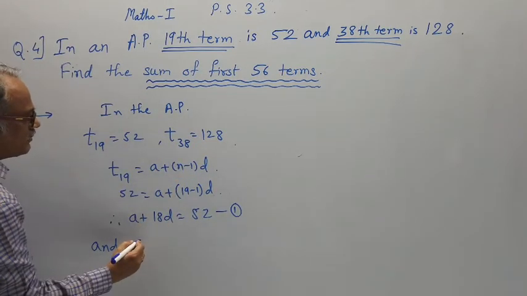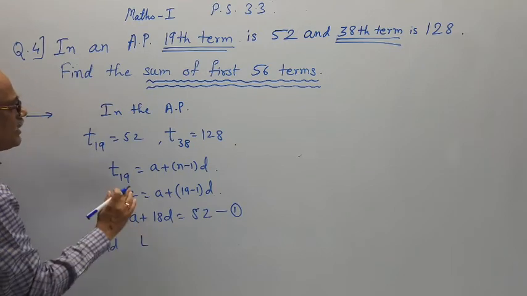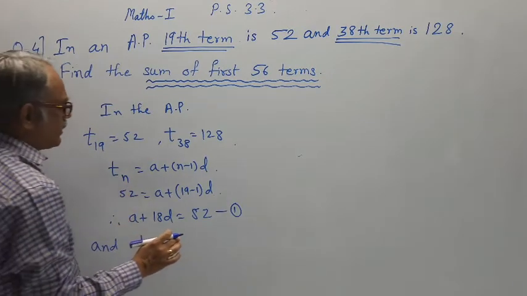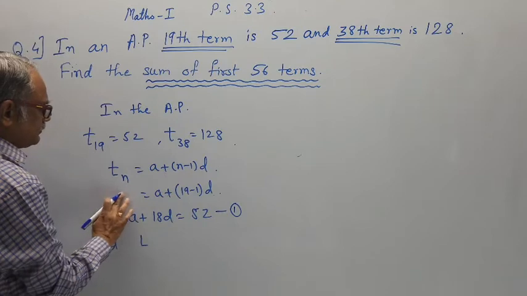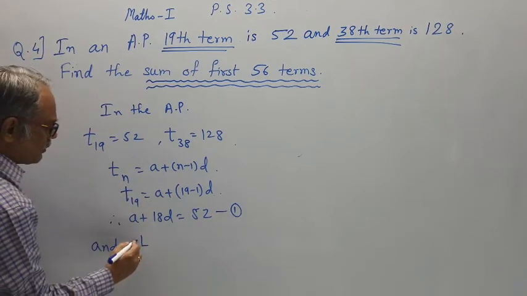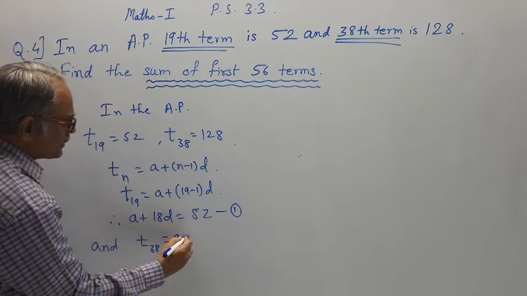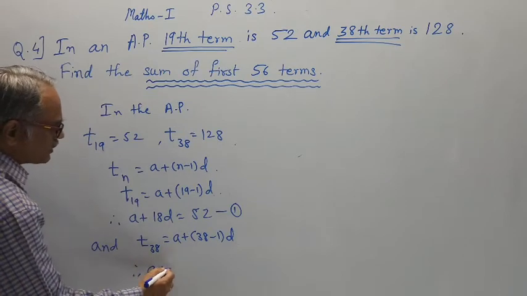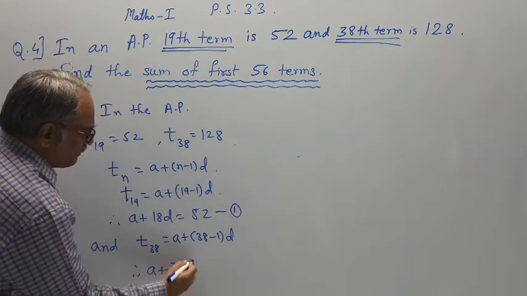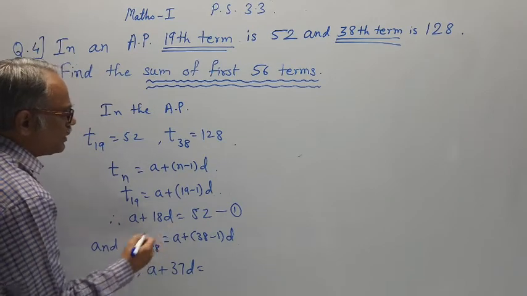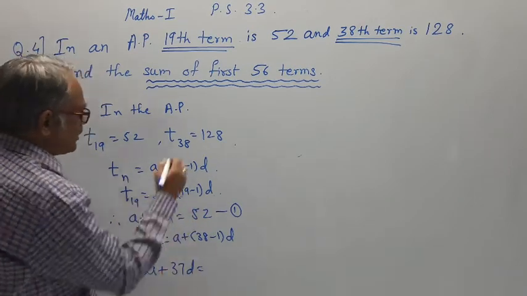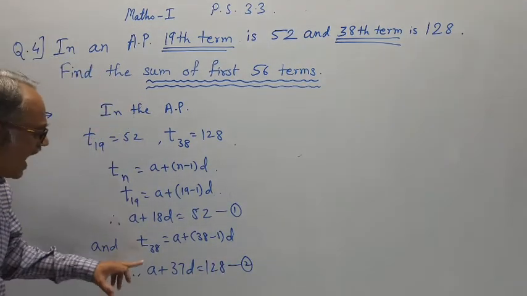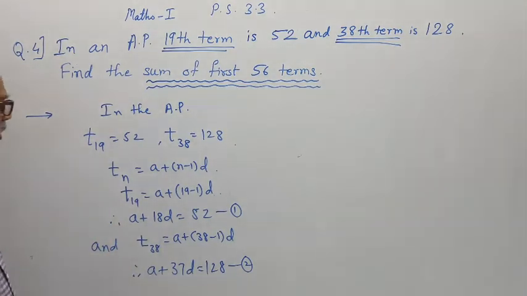T38 is 128, means we have to use the T38 formula. T38 is equal to A plus 38 minus 1 into D. Therefore, A plus 37D equal to the T38 value, as we substituted the T19 value 52, similarly T38 value 128, equation number 2. Now we have to add these two and see what happens.